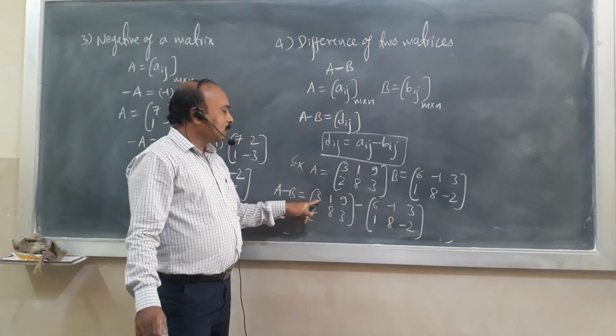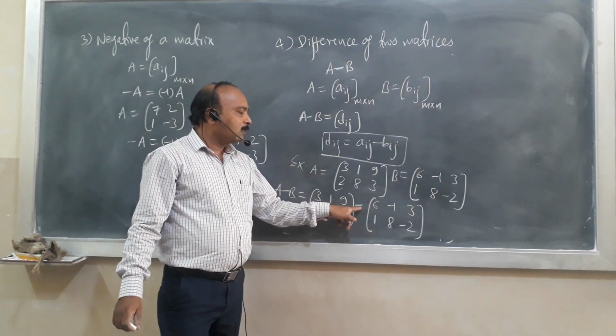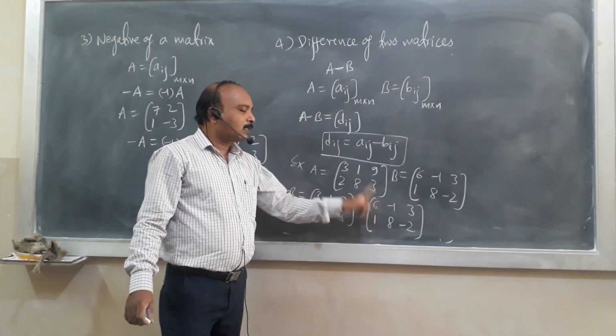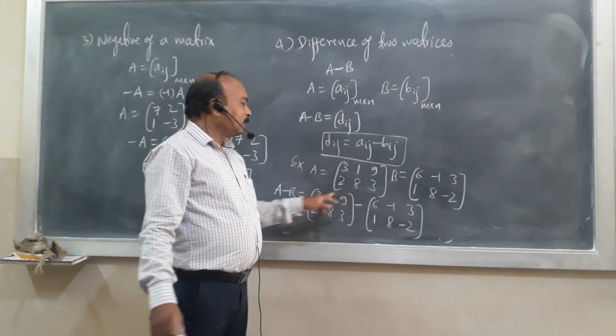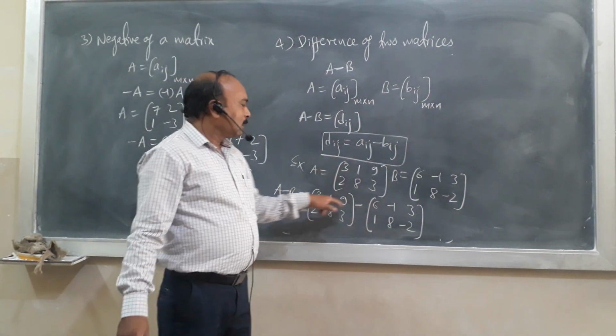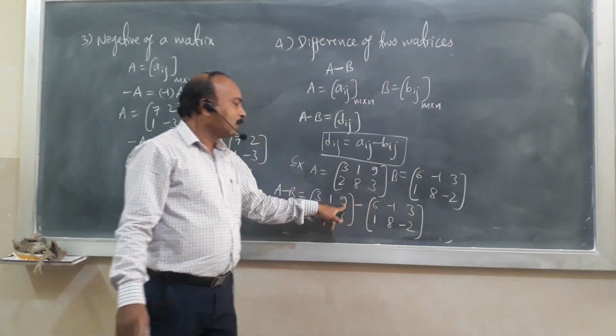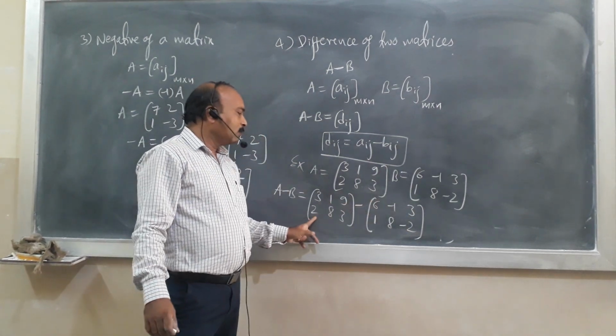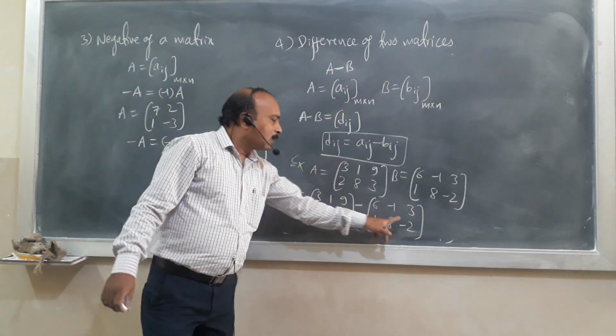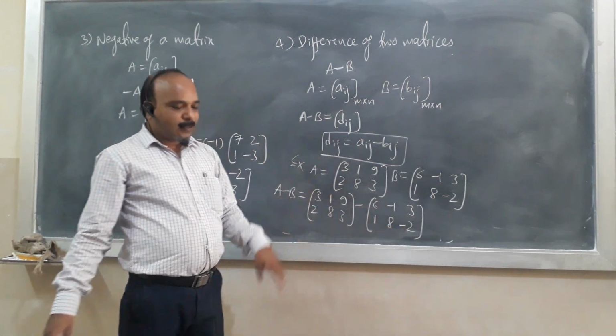First you subtract 6 from the first element 3. Next, minus 1 is subtracted from 1. 3 is subtracted from 9. 1 from 2. 8 from 8, and minus 2 from 3.